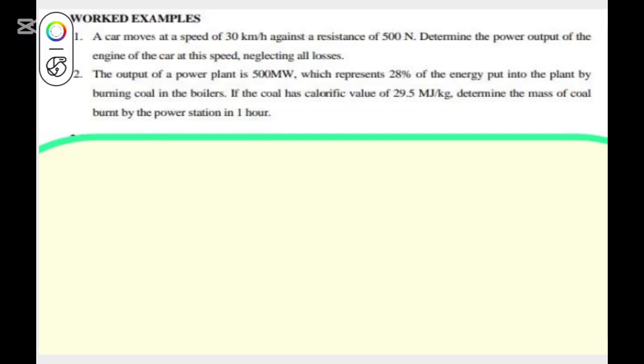So don't forget the general formula of the thermal efficiency that says work, which is the power output divided by Q. So as we are given the output power and also the efficiency, everything is given, and the same with the calorific value.